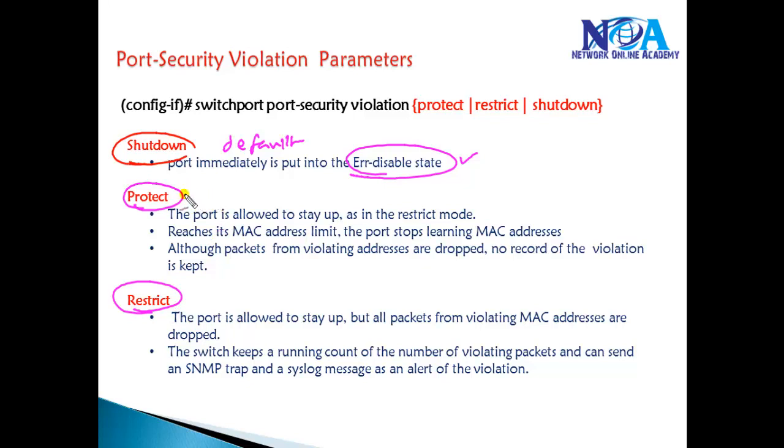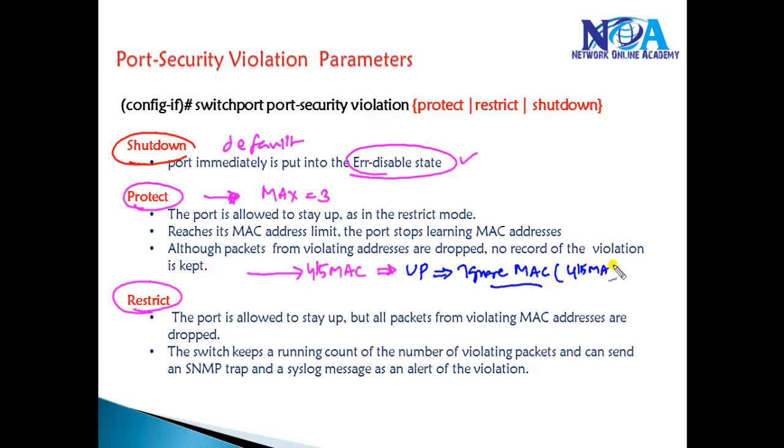Now the difference is, in case of protect mode, let's say I'm defining the maximum MAC addresses as 3. Whenever it learns the 4th MAC address, that's a violation, but it is not going to put the port into error disable state. The port will be up, but it is going to ignore the MAC addresses beyond that limit, which means it is not going to update the MAC table, and the new 4th MAC address will not be able to communicate with the LAN resources.